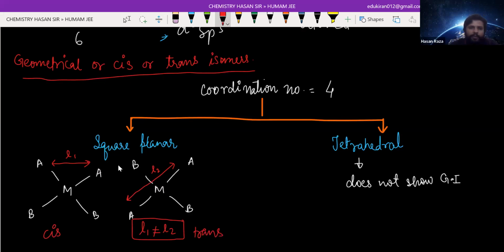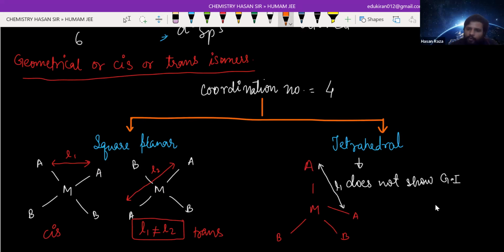But when we talk about tetrahedral, we have M, and this is your A, this is your B, then B, and then A. If you measure this distance, it is L1.